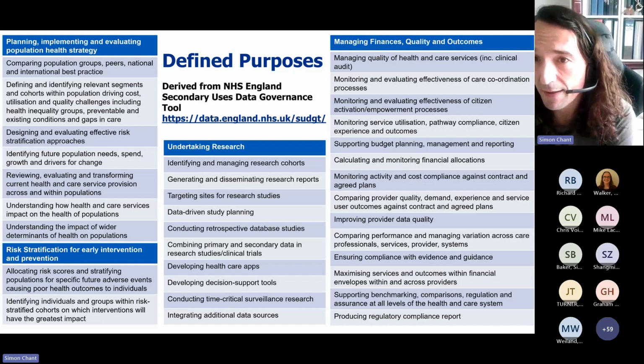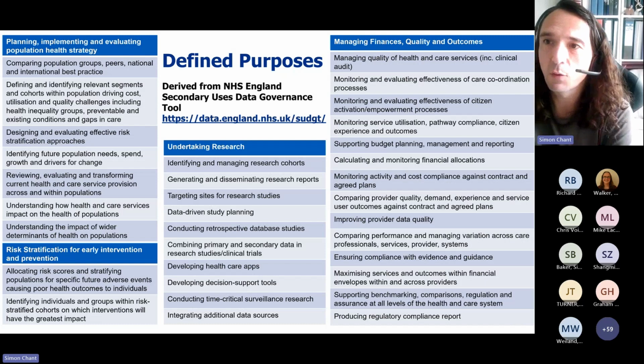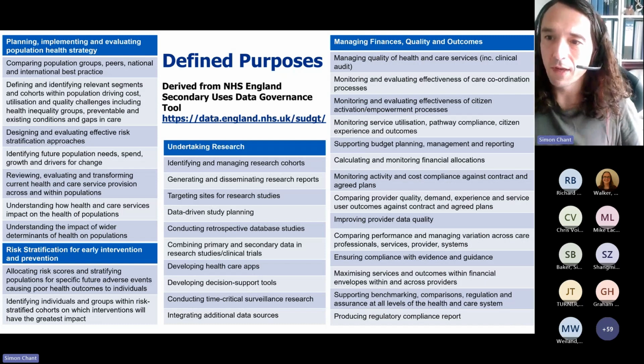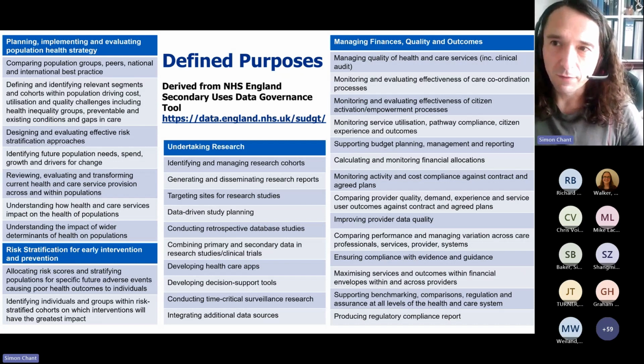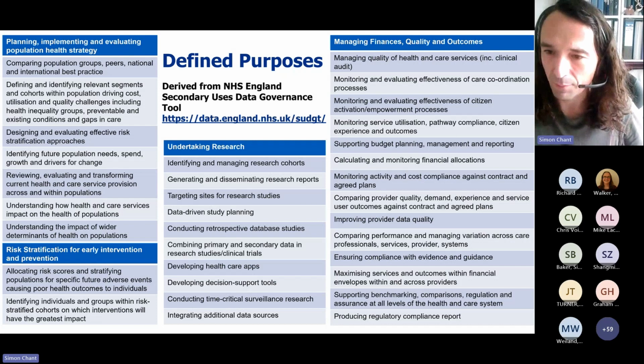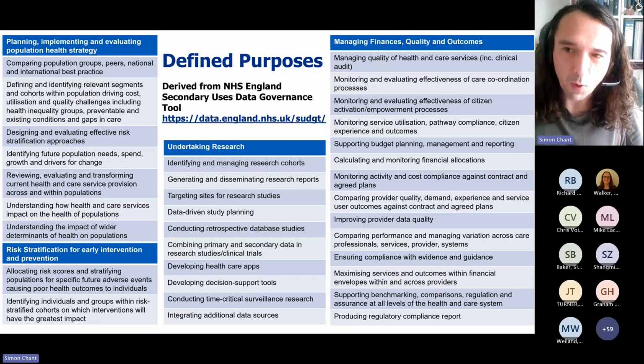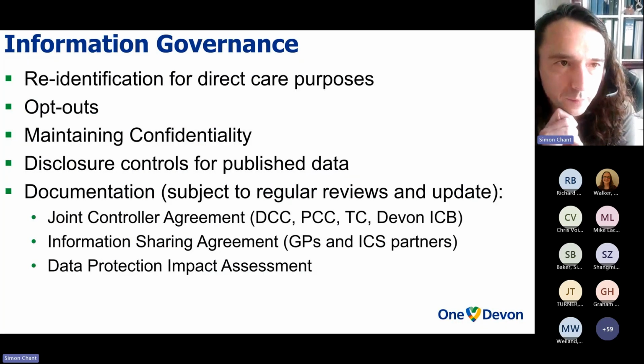And then on the right-hand side, we've got managing finances, quality and outcomes. So various things there around economic and also outcome-based monitoring. Again, I won't read all those out, but they're there and cover a wide range of different activities.